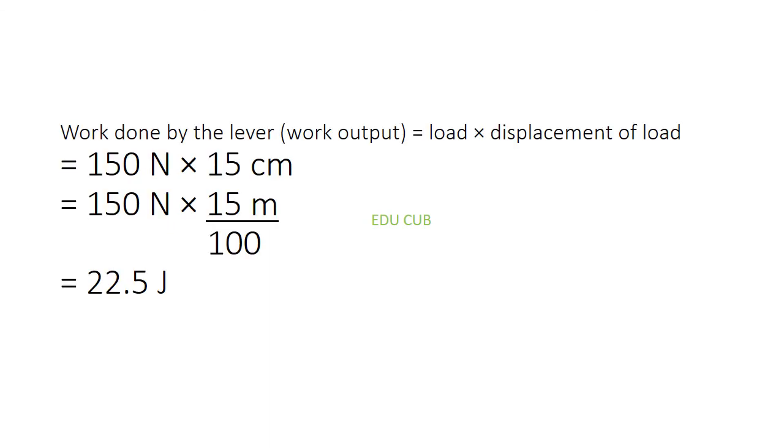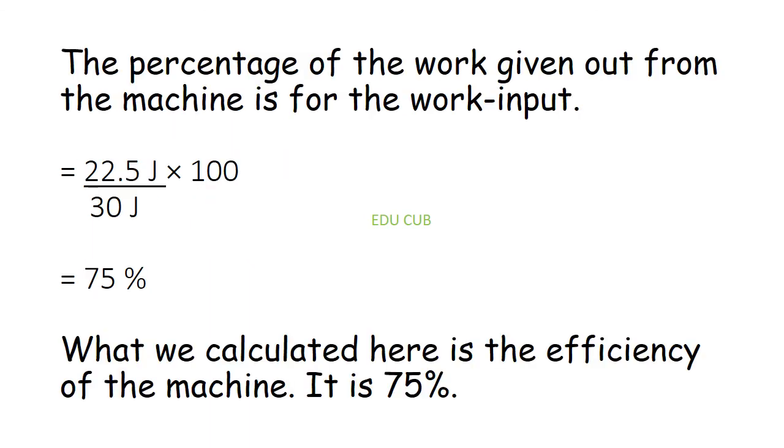Let's see the work done by the lever. Work output, we can take by multiplying load and displacement of load. 150 we have to multiply by 15 centimeter. We have to convert 15 centimeter into meter. So answer will be 22.5 joule.